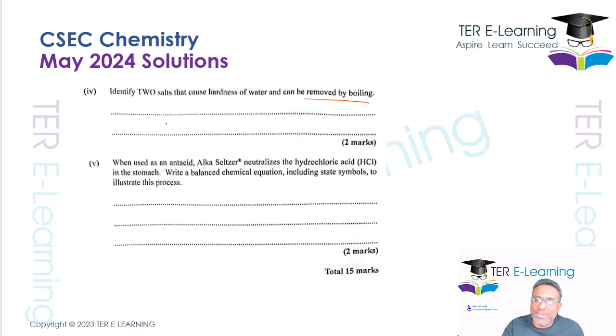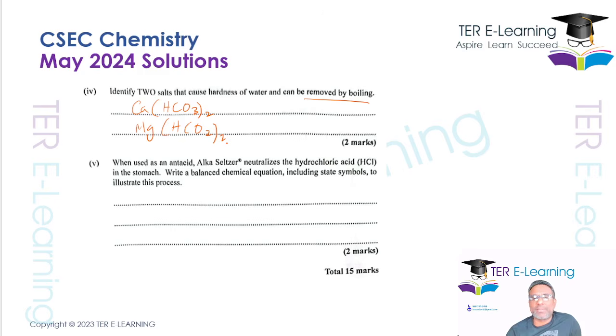That's the hydrogen carbonate. So the two salts that we could put here is Ca(HCO3)2. That's calcium hydrogen carbonate. And we can also have magnesium hydrogen carbonate, right? So these are the two, right? These are the two salts that can cause hardness in water, and we can remove them by boiling, right? So that's the answer I would give there.